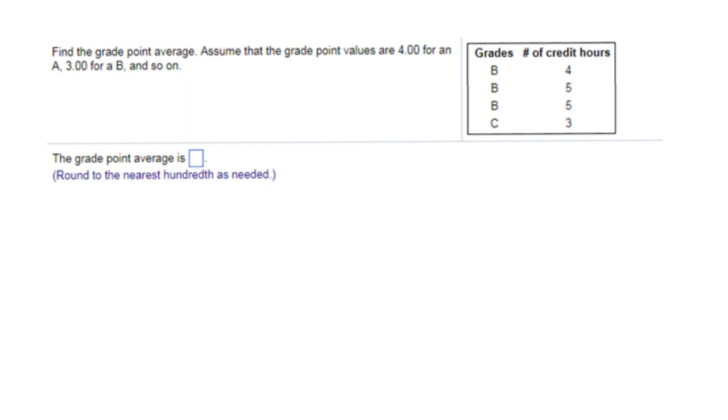So when you do your calculator work, 48 divided by 17, I'm getting 2.823, and rounding to the nearest hundredth is 2.82. So having a GPA of 2.82 is basically a high C. It's not a B, even though we made all those Bs in there. It is a 2.82, a high C. This concludes our lecture.